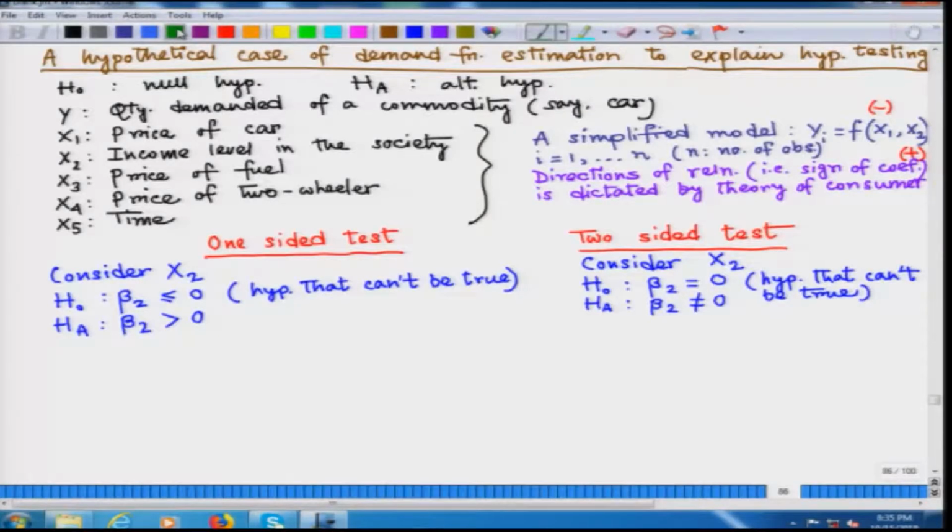While we are testing a hypothesis, we have to first compute sample statistic from the sample data, and then we have to find whether the null hypothesis is accepted or rejected depending upon the sample statistic magnitude.